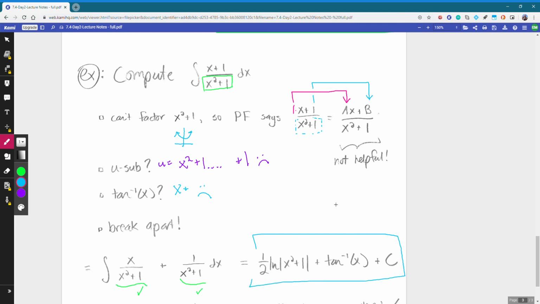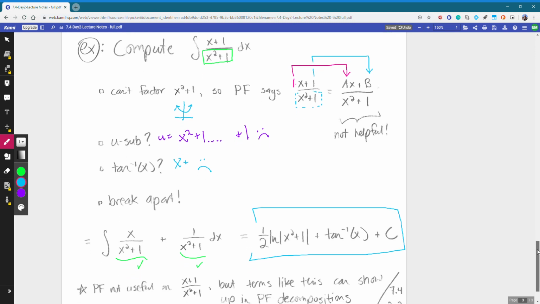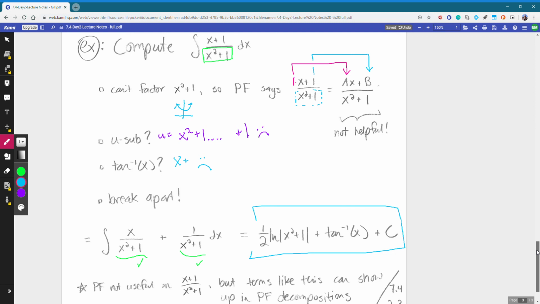It might feel a little bit odd that this example is here in partial fractions when partial fractions ended up not being helpful. But the idea here is that while partial fractions itself wasn't useful on our function, terms like this with an irreducible quadratic denominator do show up in partial fraction decompositions.